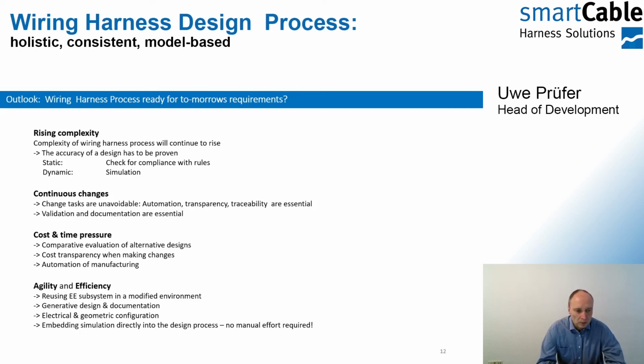I hope that by showing this example I was able to give you an impression of the implementation in our tool chain. One OEM and several suppliers have been productively using V5H for years. We continue to develop and adapt the product to meet the needs of tomorrow.